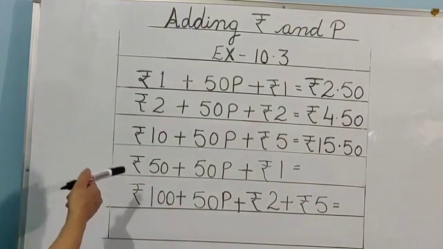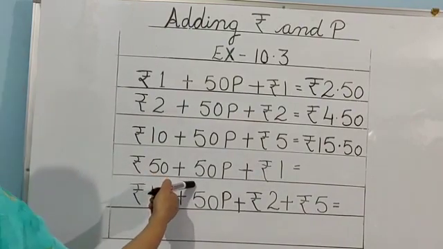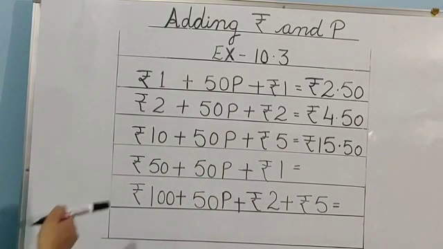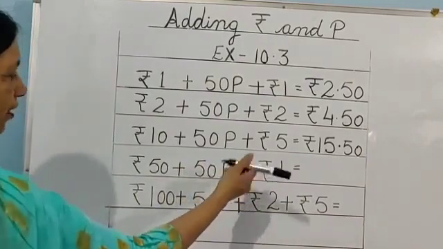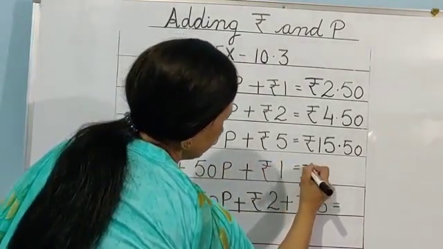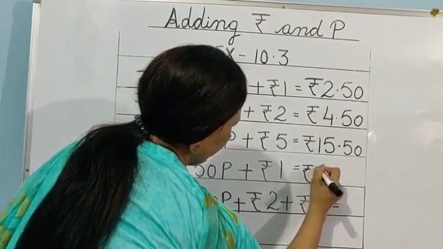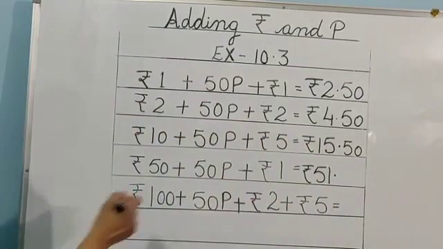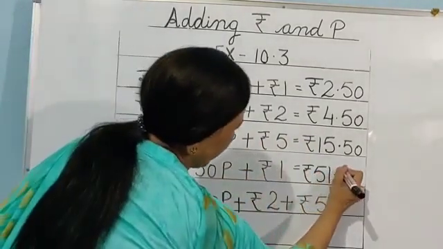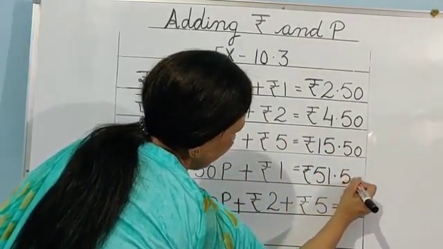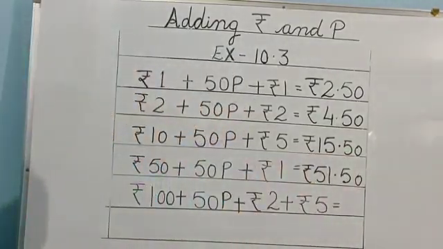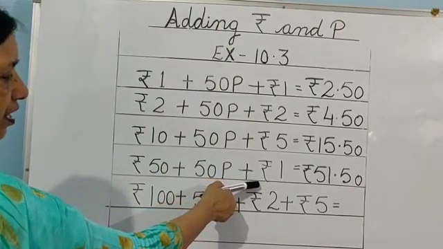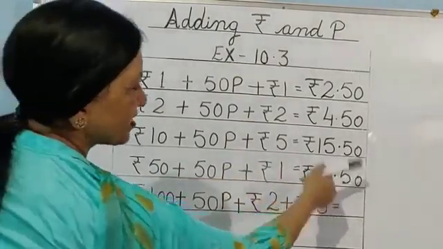Now next is rupees 50 plus 50 paise plus rupee 1. Now add rupee 50 plus rupee 1, that is rupees 51. Again point in place of paise. How many paise are there? 50. Add rupees separately and after that write down paise.